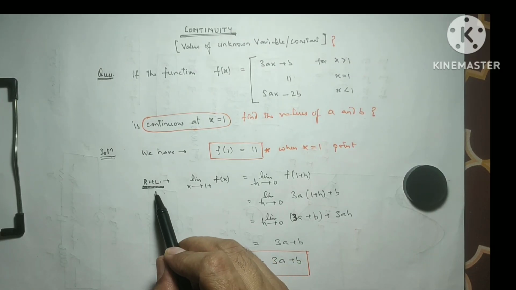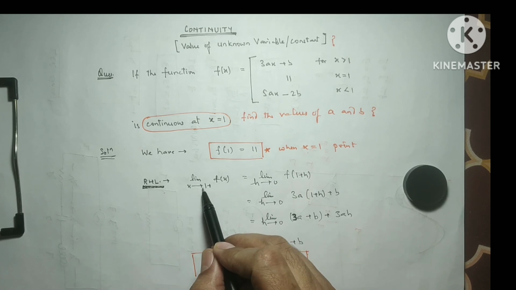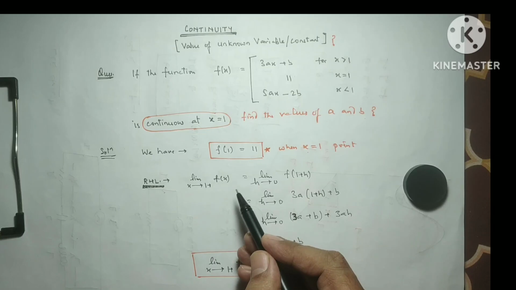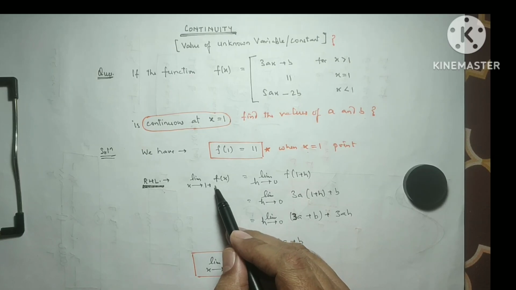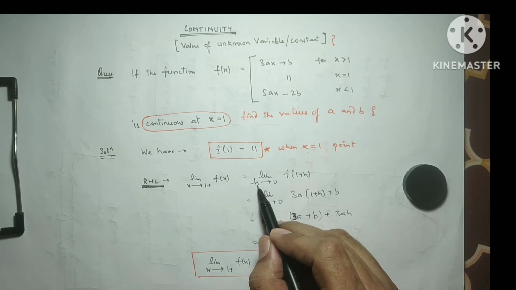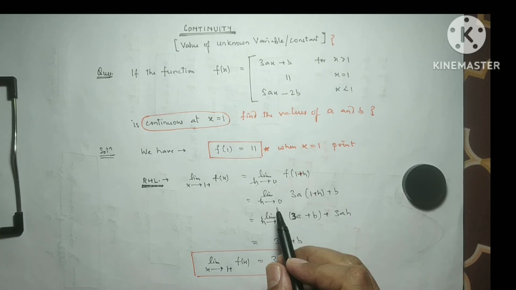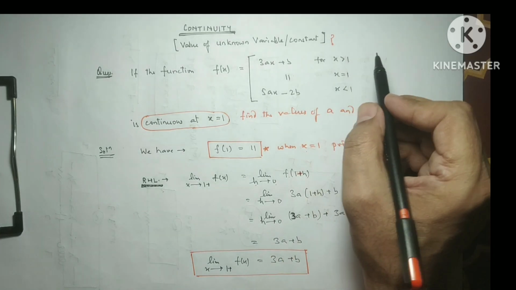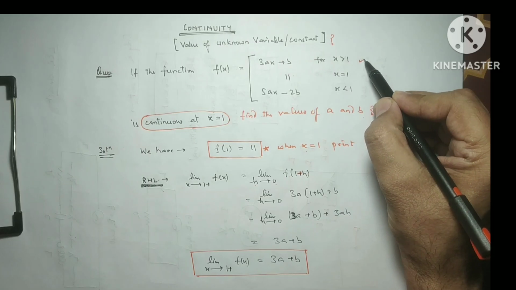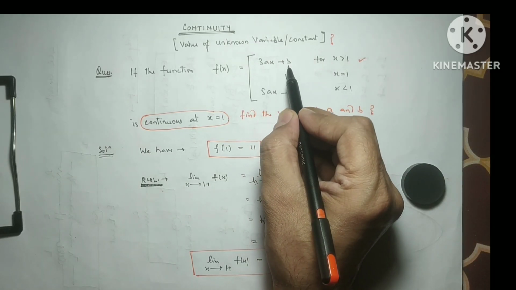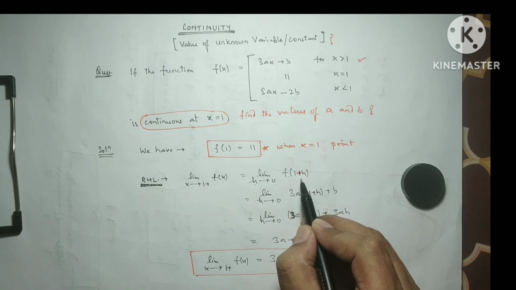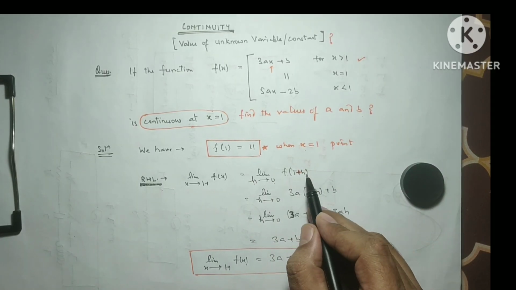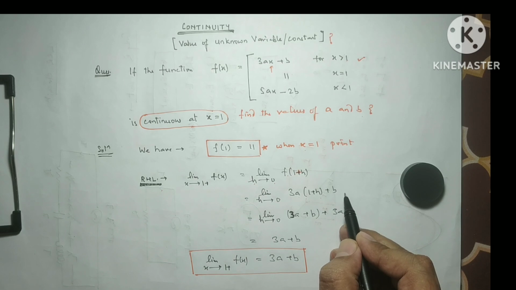So for the right hand limit, x tends to 1, so 1 plus something slightly positive. So limit h tends to 0, f(1 plus h). We will use this definition where x is greater than 1, so it is 3ax plus b. We put this value in place of x, so it is 3a into (1 plus h) plus b.